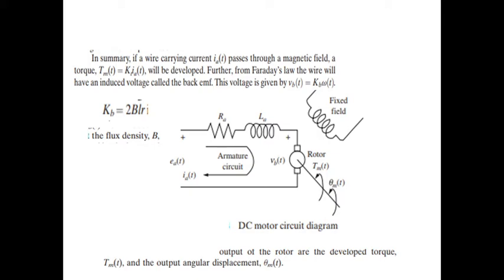When a vehicle is moving in first gear, the torque is more and the speed is less. Whenever we require higher speed, we change the gear to fifth, where I can get higher speed with lower torque.